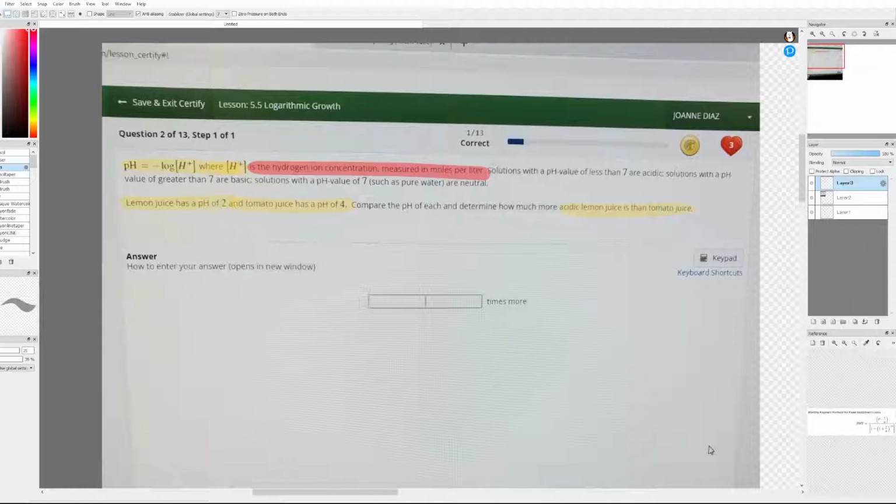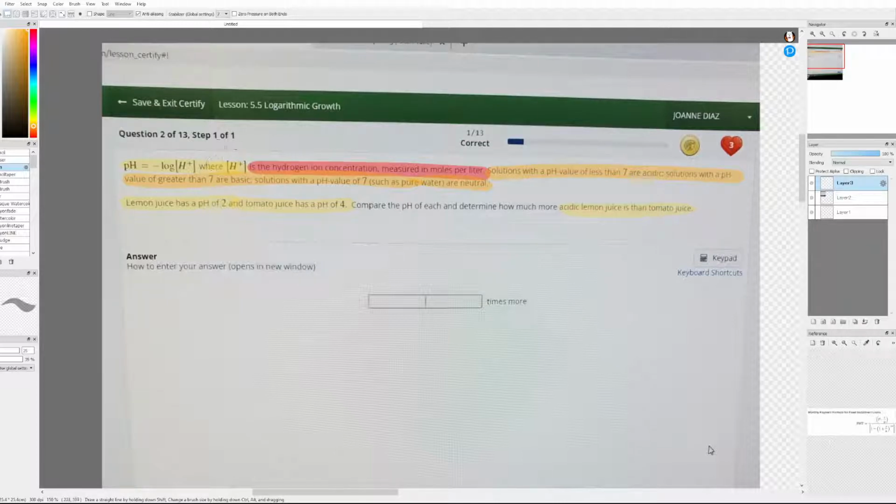This is a little more relevant, because we want to know which one is more acidic when we divide our values later. But it's not the most important thing.